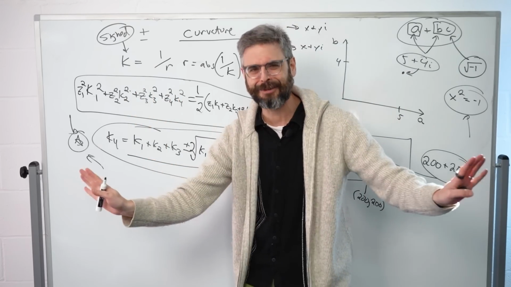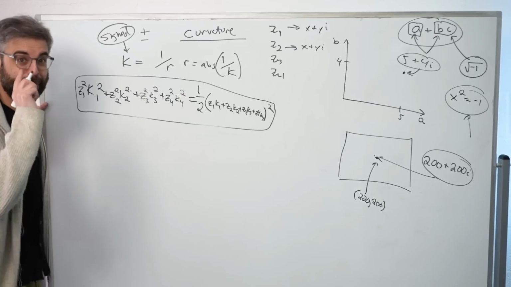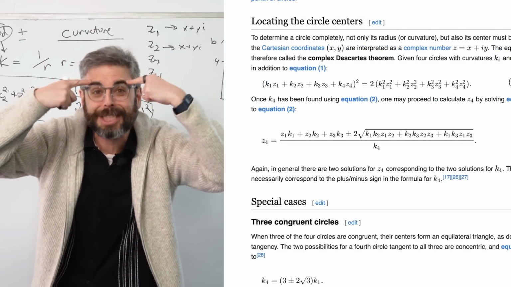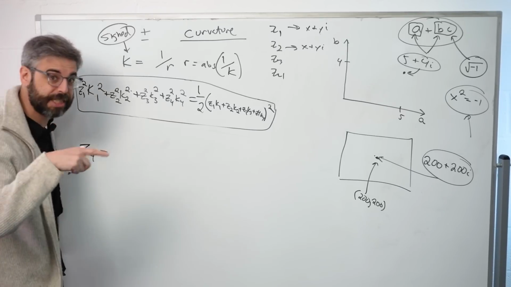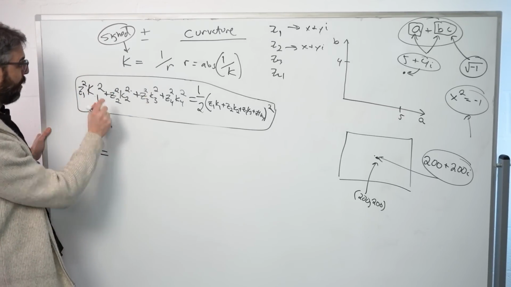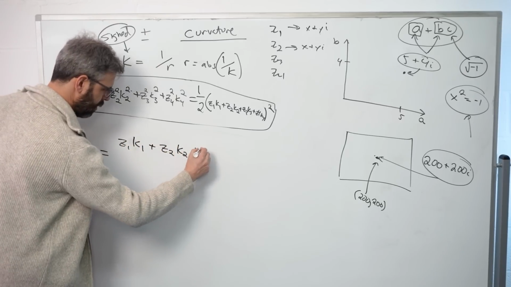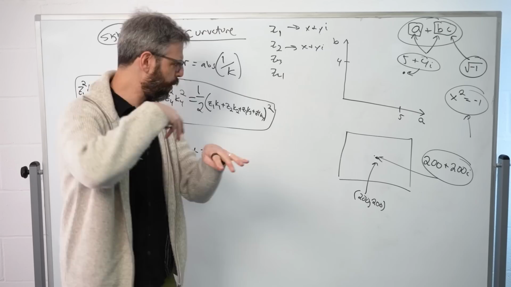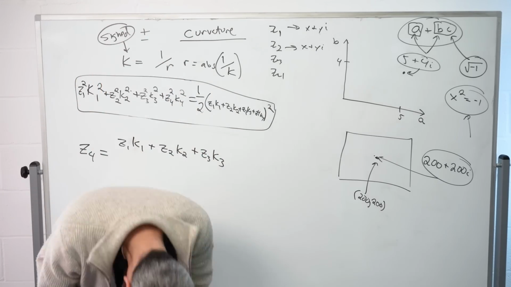Again, not going to derive the solution, I'm just going to write it out for you. Here we go. I just spent some time staring at the Wikipedia page. We'll see if I remember it. Z4 equals the sum of the bends times the circle centers plus or minus the square root of the products of all that stuff like before.